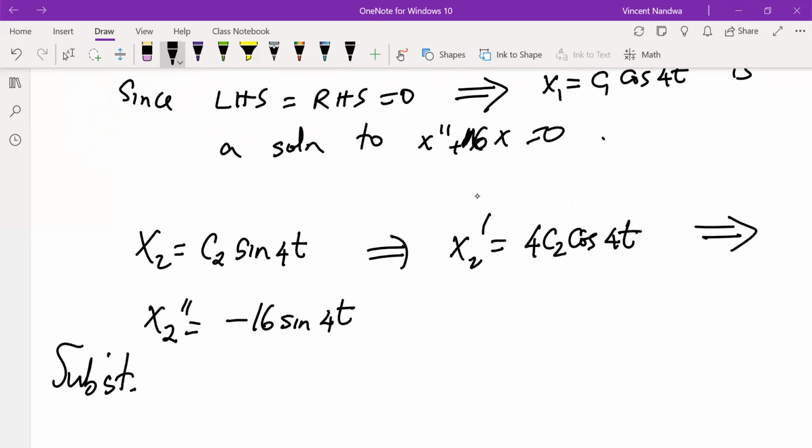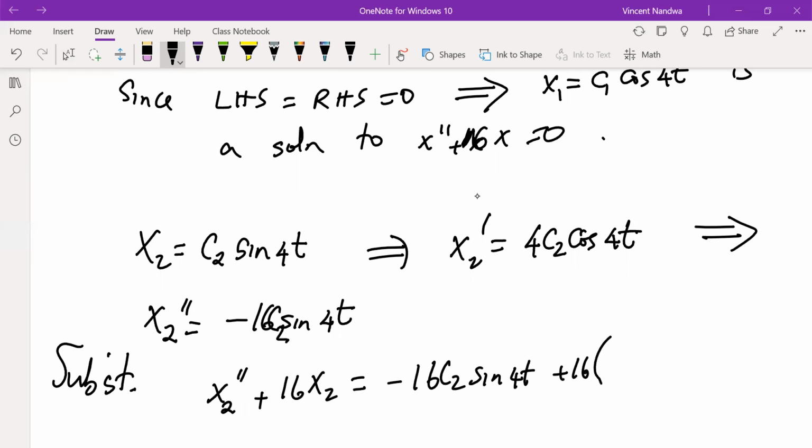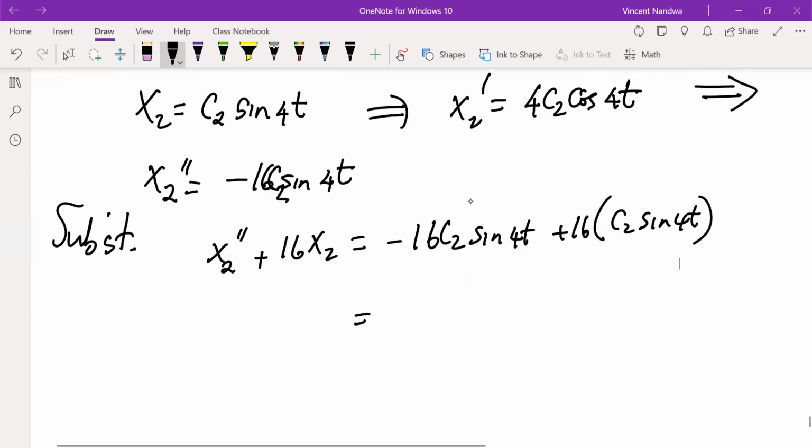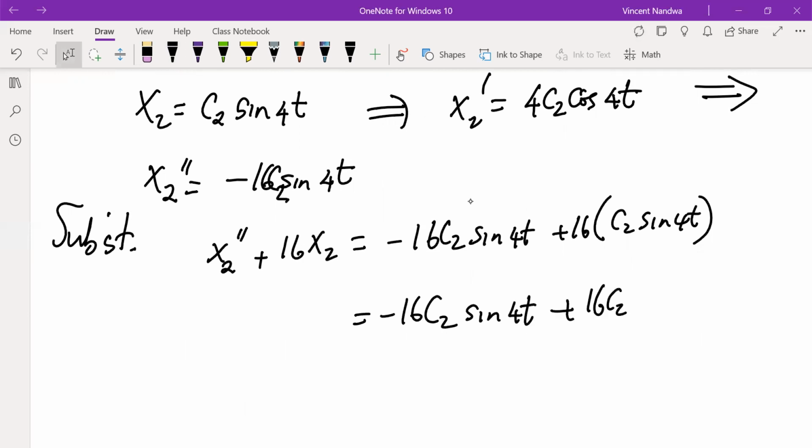we have x2 double prime plus 16x2 is minus 16 c2 sine 4t plus 16 into c2 sine 4t, which will be minus 16 c2 sine 4t plus 16 c2 sine 4t.